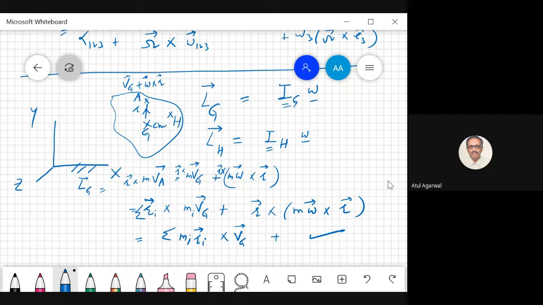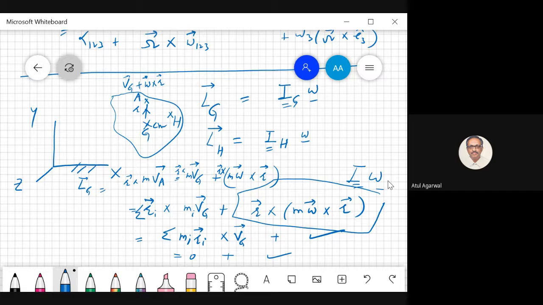Since you are measuring from point G, from the centroid itself, you'll get a zero answer. So this term becomes zero. So this is what we had calculated as I omega. This entire thing got reflected as I omega. So this term was becoming zero when you took your angular momentum about the centroid.